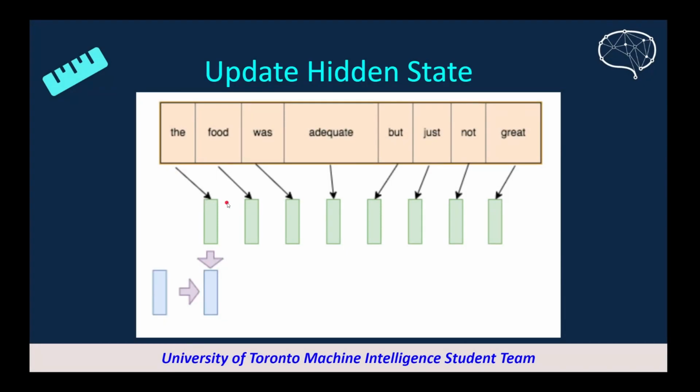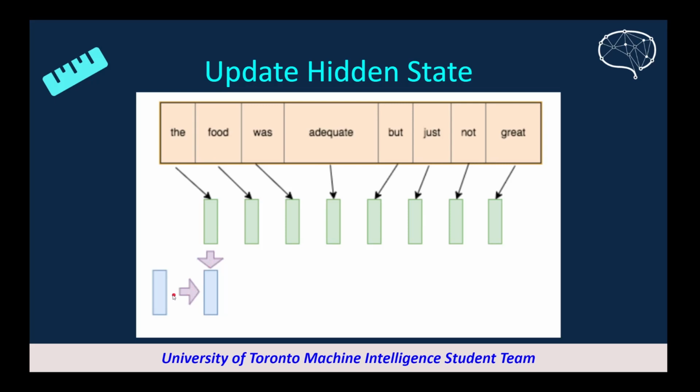So after the initial state, we start to input the words into the hidden states, and the hidden state is updated based on the previous hidden state and the input. Note that the arrows at the bottom indicate the information flow direction.